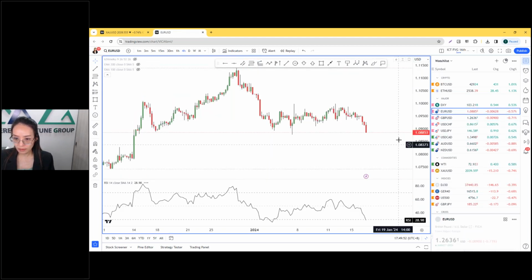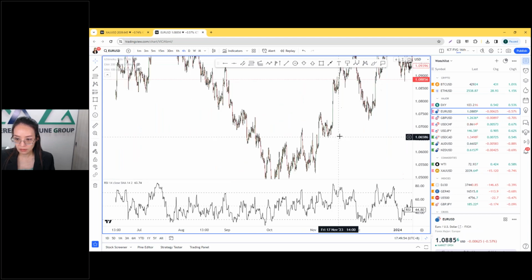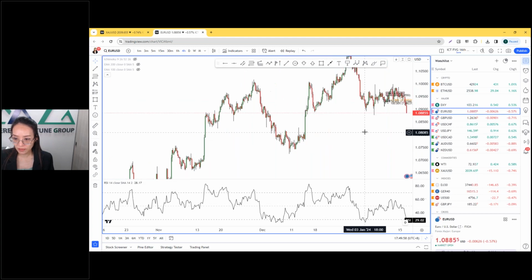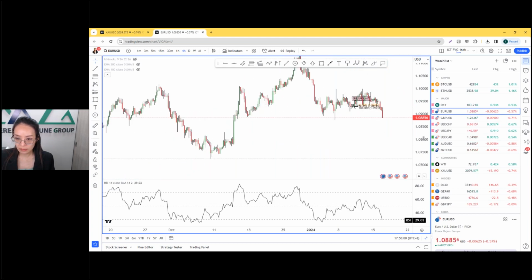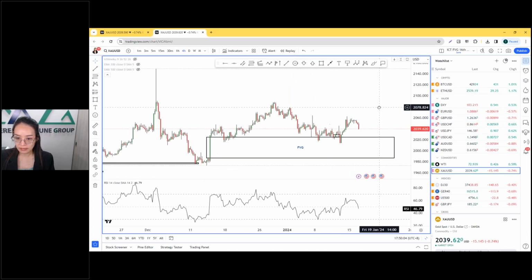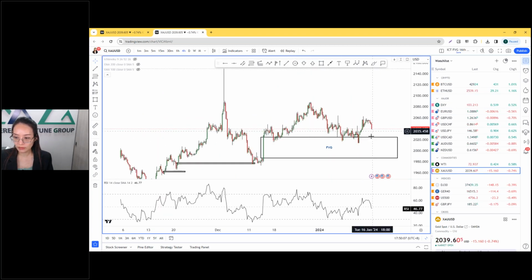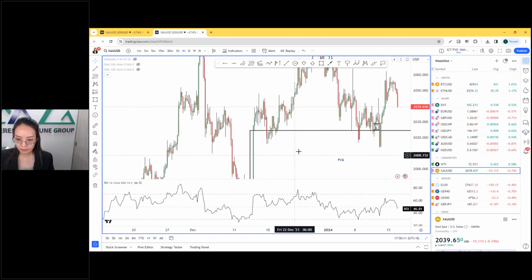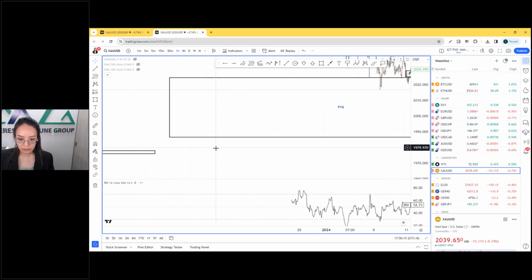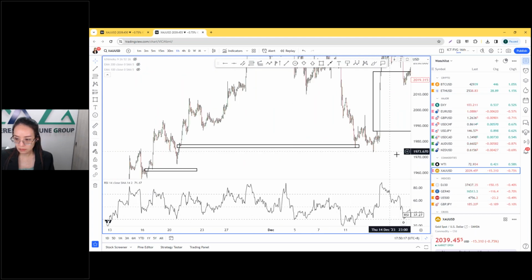I do have an example for fair value gap. If any of you guys doesn't know how to identify a fair value gap, you can let me know. Okay, like here, for example. I did it already. Here is an example on a smaller time frame, like this one.